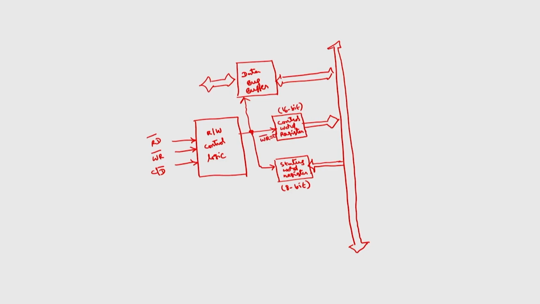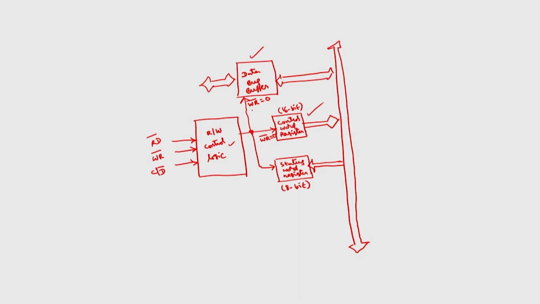So, when write bar is 0, here also you can write data. So, if write bar is 0, whether the read write control logic will refer to the data bus or the control word register will be decided by C by D bar.